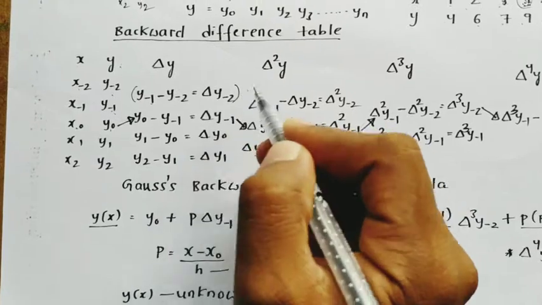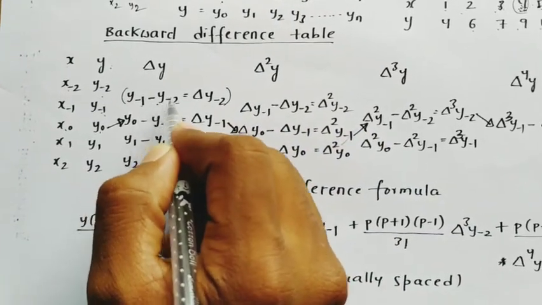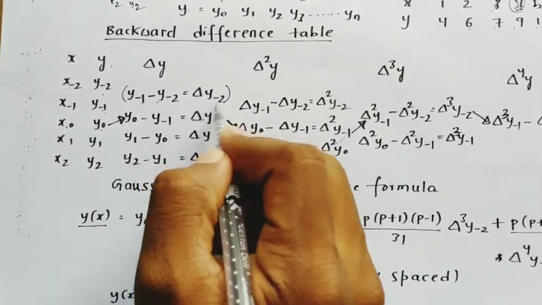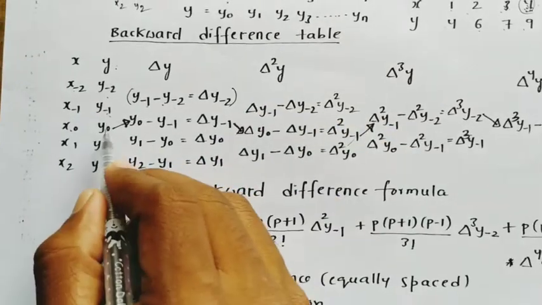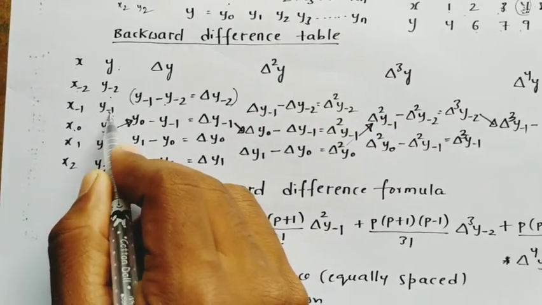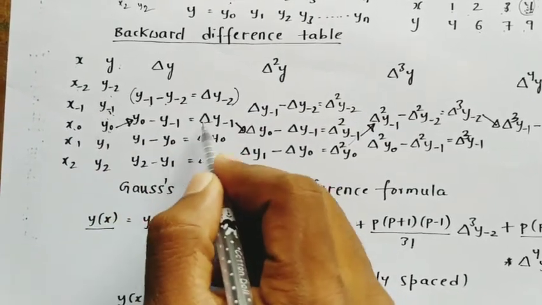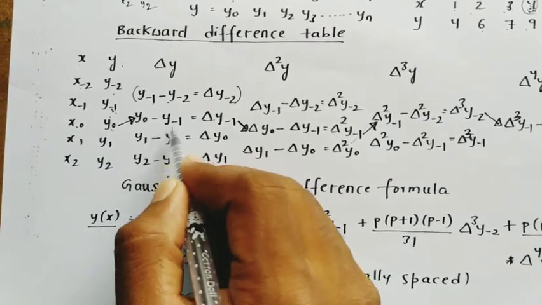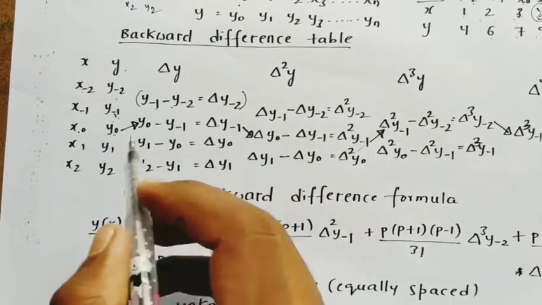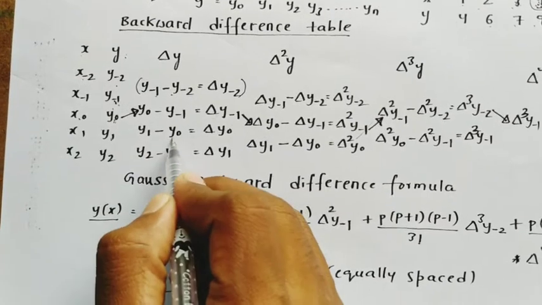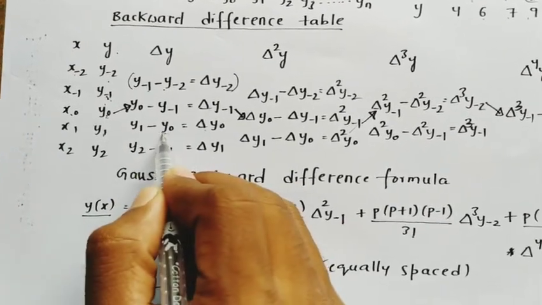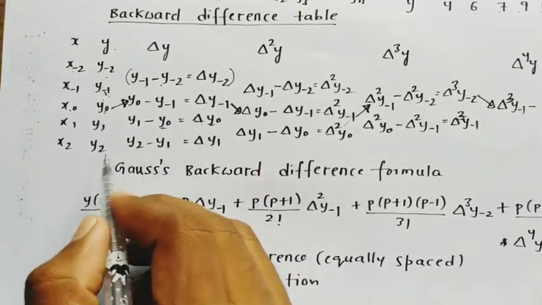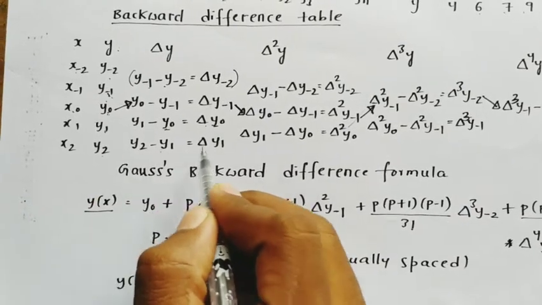Delta y minus 2 is y minus 1 minus y minus 2. Similarly, y0 minus y minus 1 gives delta y minus 1. Then y1 minus y0 gives delta y0, and similarly y2 minus y1 gives delta y1.